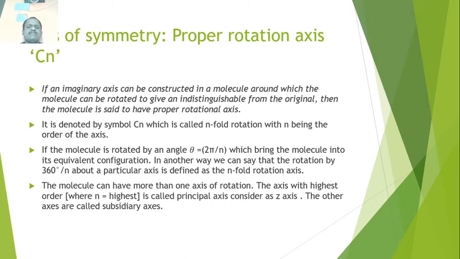For example, in the H2 molecule, as I said, two hydrogens are present exactly in such a way that when you pass an imaginary line between two hydrogen atoms at equal distance, and when I rotate that axis through an angle, let's say theta, I will get a different configuration, right?